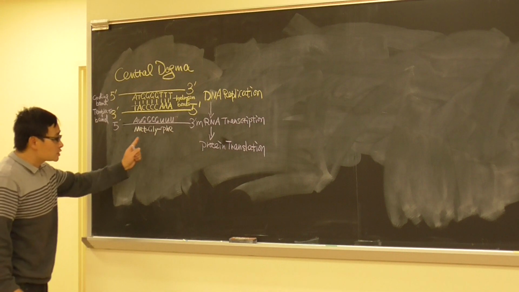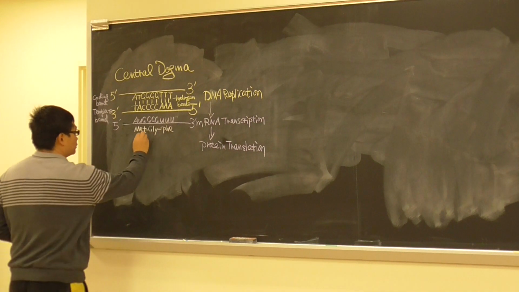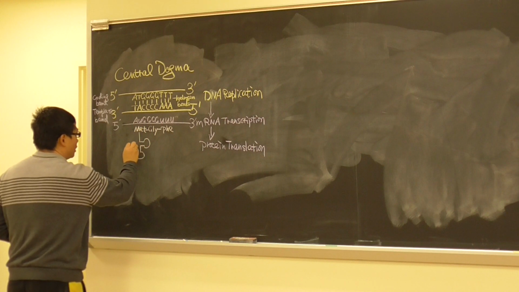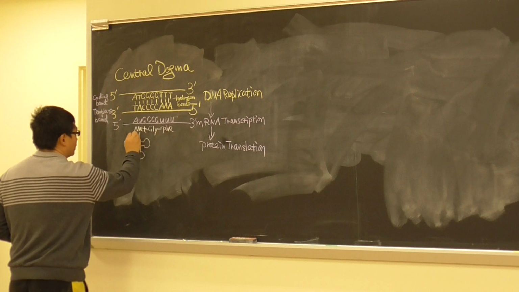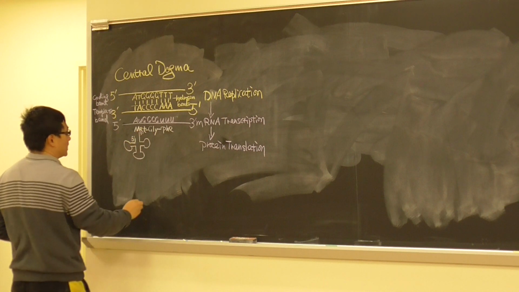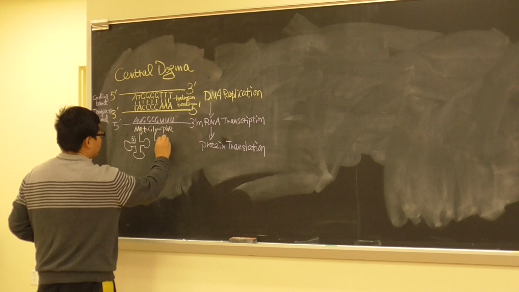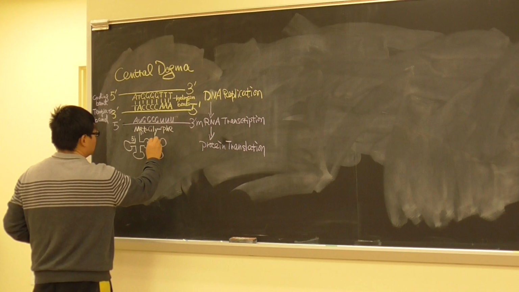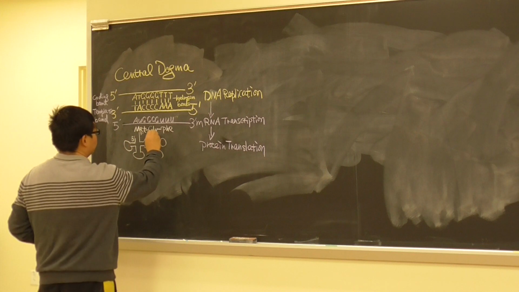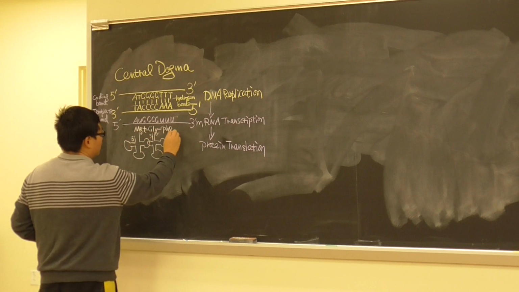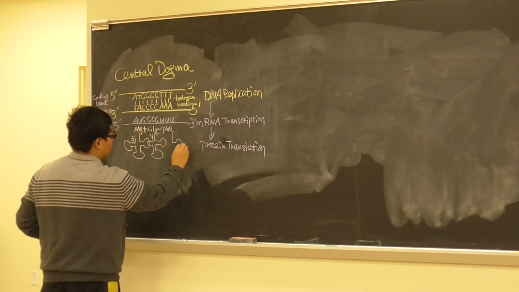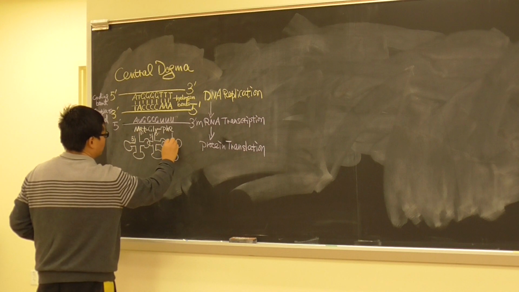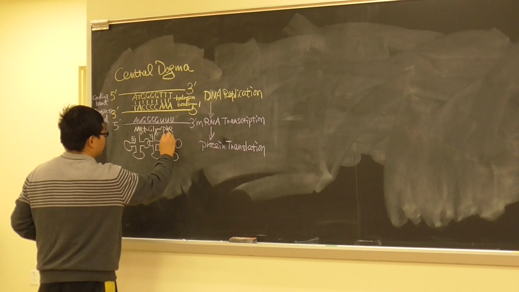And which one is carrying these amino acids, if you still remember? It is what we call tRNA, transfer RNA. Each of them will be carried by a tRNA, 5' and 3'. We can draw all of them, and we'll talk about this later.